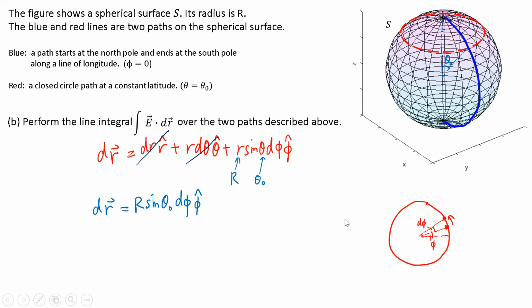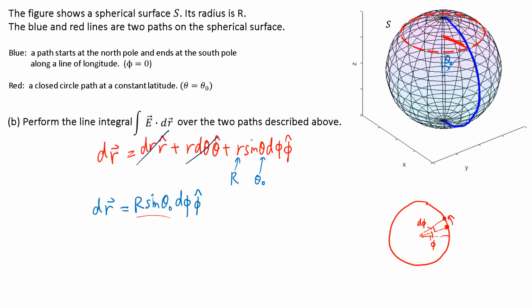So the radius of this circle really is this line here, and the length of this line is r sine theta naught, which is this one.